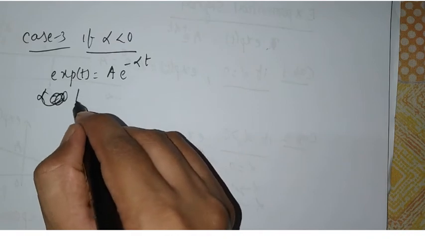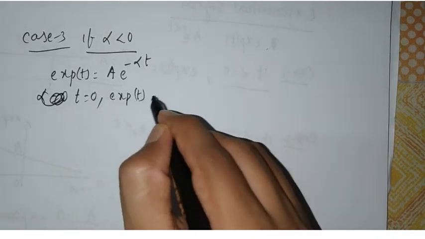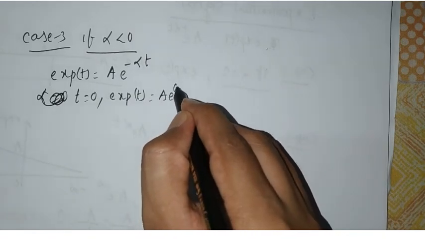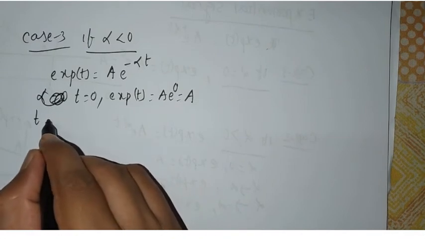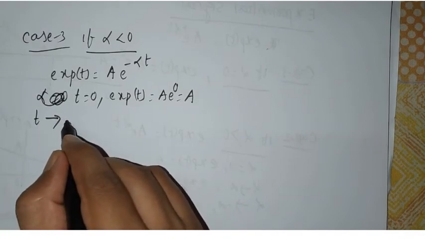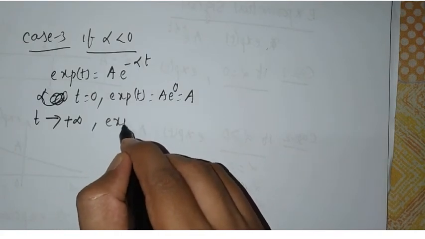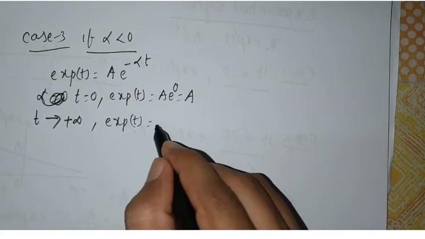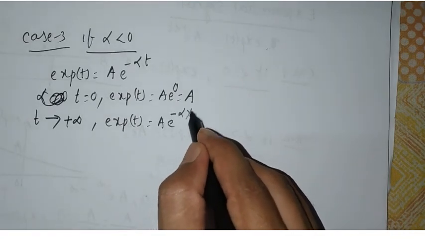So what will we get? When t equals 0, then exp t is a e to power 0 equals a. When t tends to plus infinity, then exp t is a e to power minus alpha multiplied by infinity.